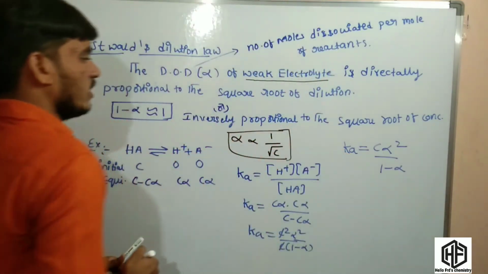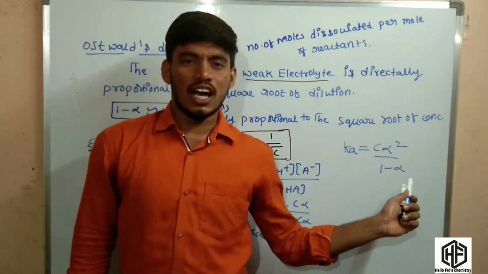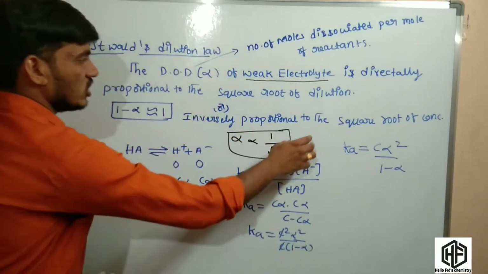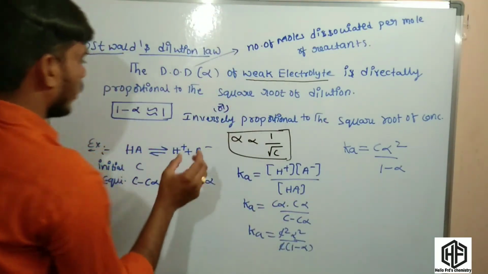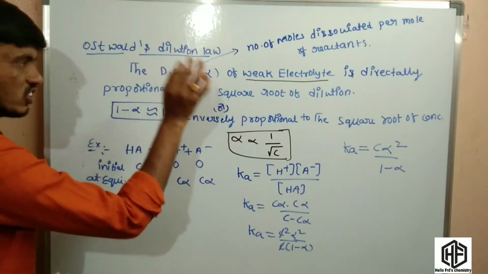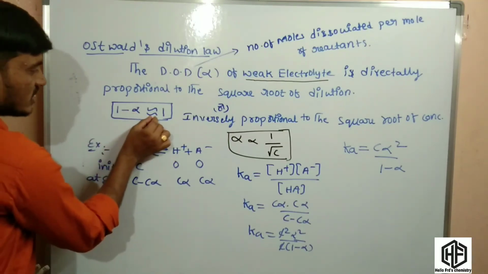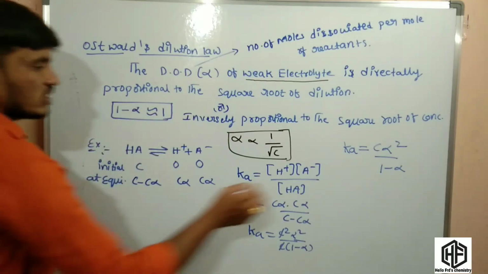But this expression is for a weak electrolyte, where the degree of dissociation is very small, so 1 minus alpha is nearly equal to 1.